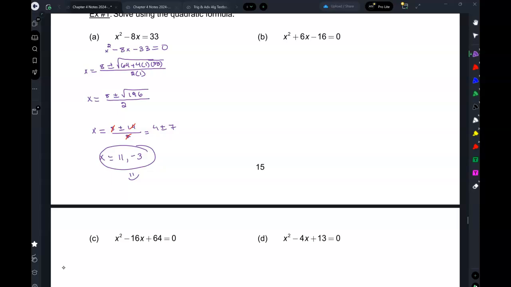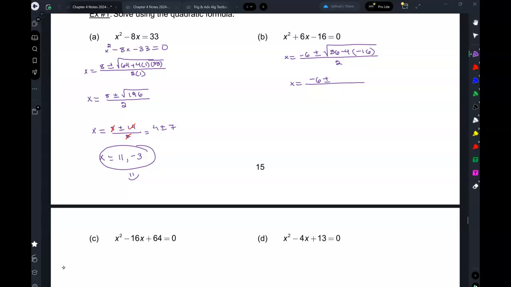Okay. So let's take a look at this. So x is negative b plus or minus the square root of b squared minus 4 times a times negative 16 all over 2. So x is negative 6. Yeah, minus 4ac.